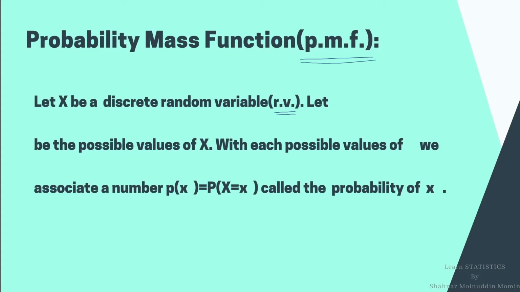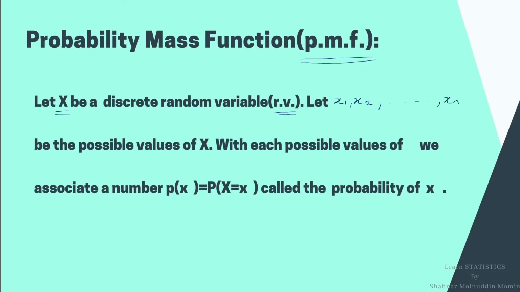Let x1, x2, up to xn be the possible values of random variable x. Here we denote the random variable x by a capital letter X, while their values are denoted by small letters x1, x2 like this.